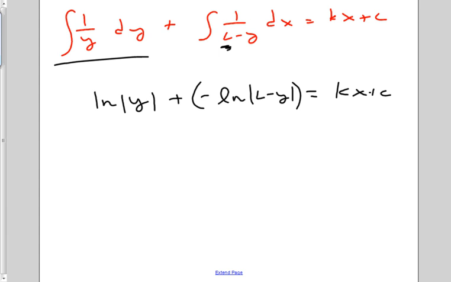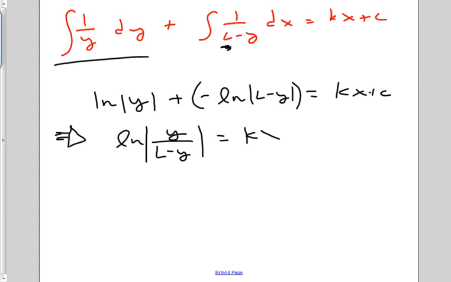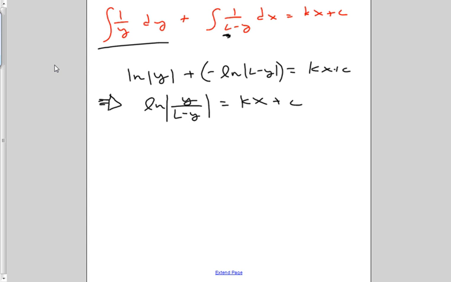Combining logs, we get ln of y over L minus y equals kx plus c. Now we're just doing some rearranging, so this works out nicely. As far as you're concerned, this is just a nice review of some log rules. We're multiplying both sides by negative 1.